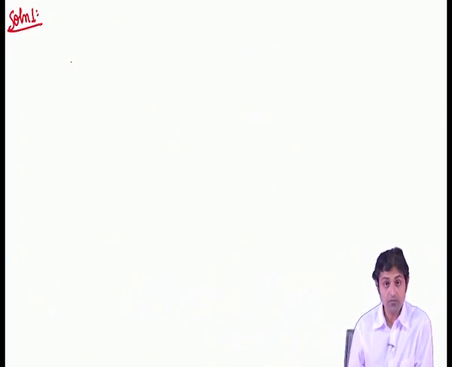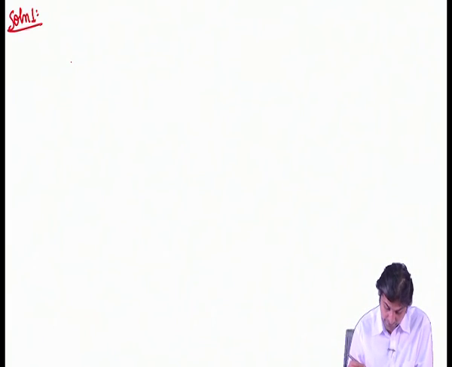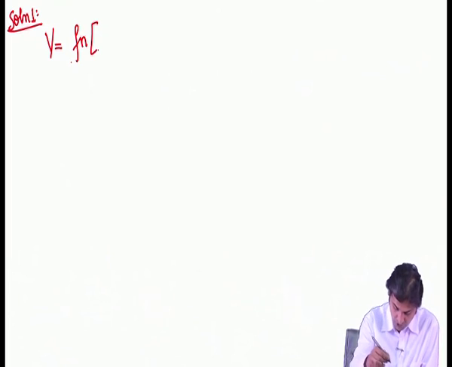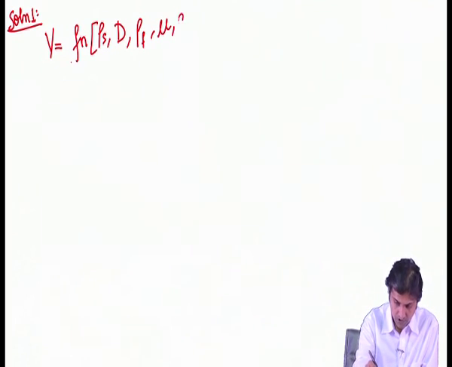go to the white screen. So, like the problem last time, everything is given. So, it is given the terminal velocity v is a function of rho s, d, rho f, mu and g.